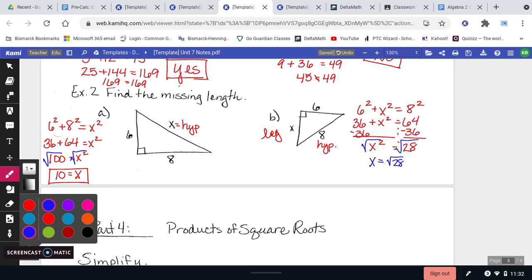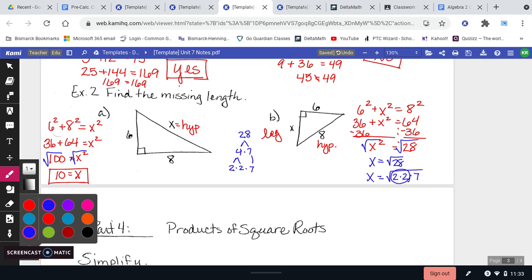What you're going to want to do is a factor tree. So I'm going to do a factor tree for 28. 28 is 4 times 7. 4 is 2 times 2. Now I'm just going to bring down that 7. Those are my prime numbers. So the square root of 28 could be written as 2 times 2 times 7. When you're simplifying a radical, you want to look for 2 of a kind.